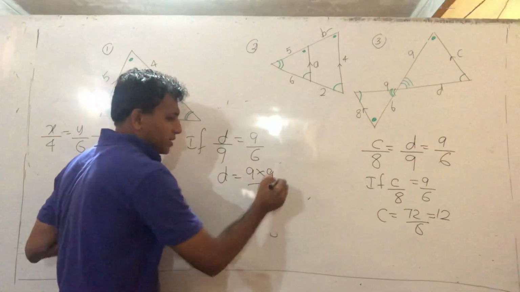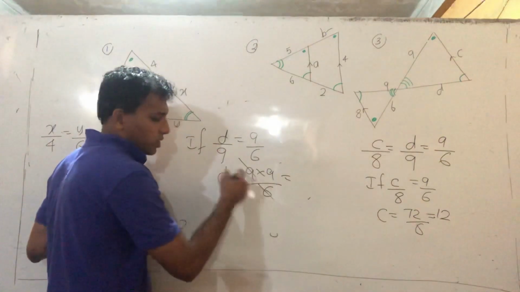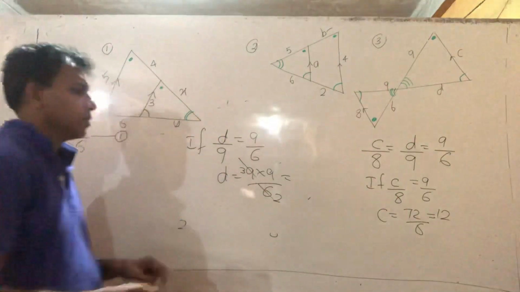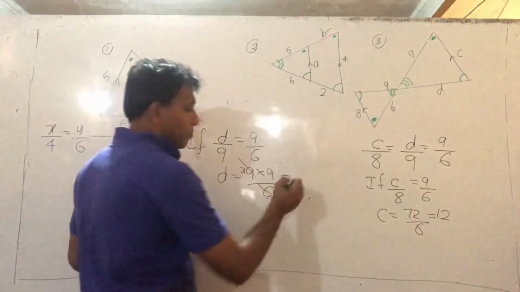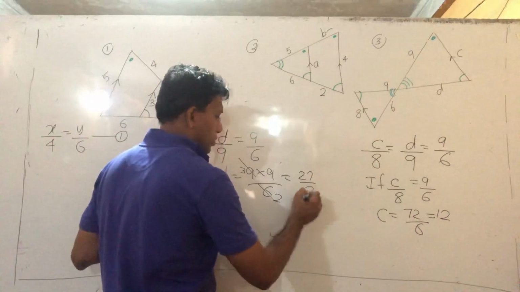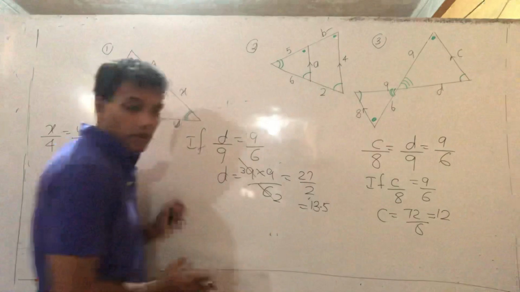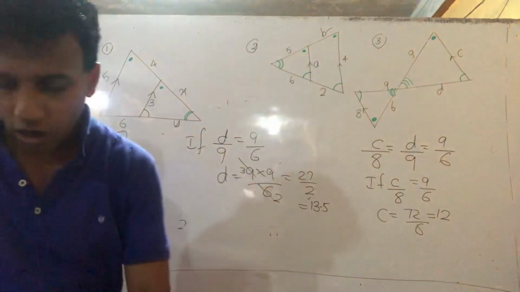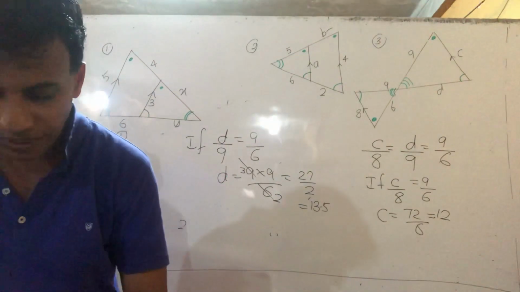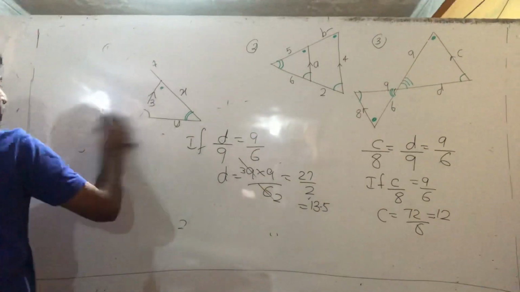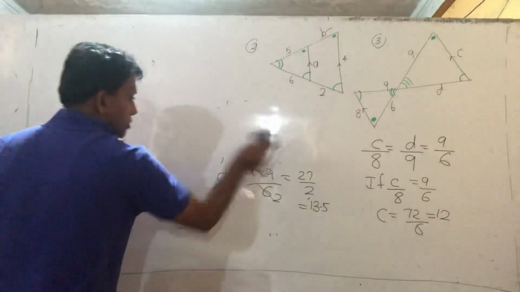Whatever you mark as the answer, cut by 3, cut by 3, twice: 27 divided by 2, or 13.5. That is the way to use these equiangular properties.